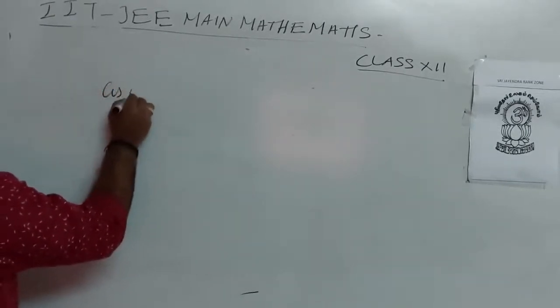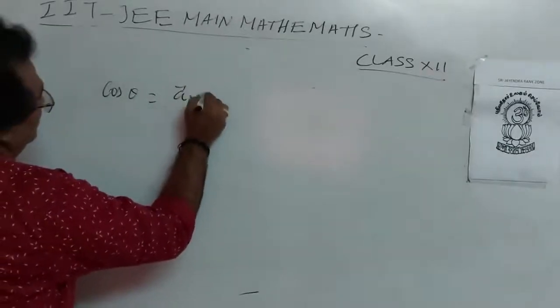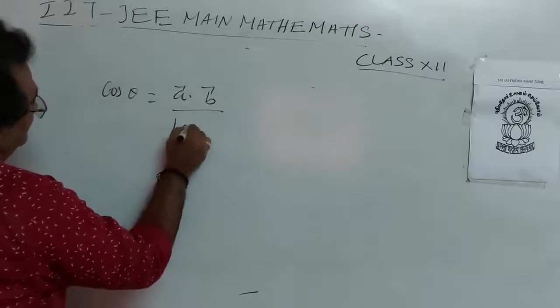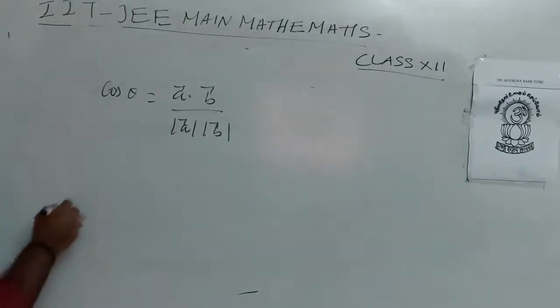So cos theta equal to a vector dot b vector by modulus a vector into modulus b vector.